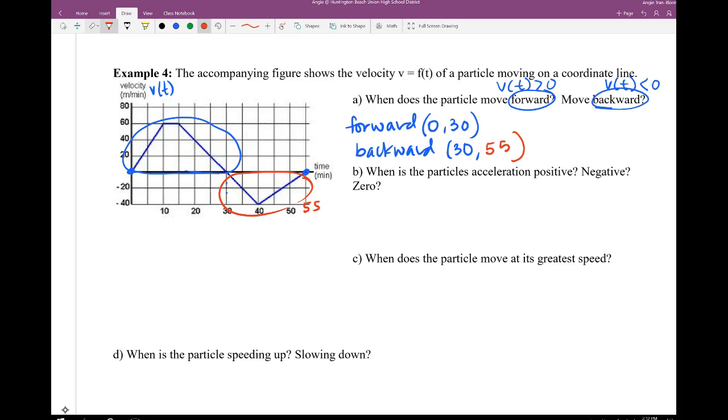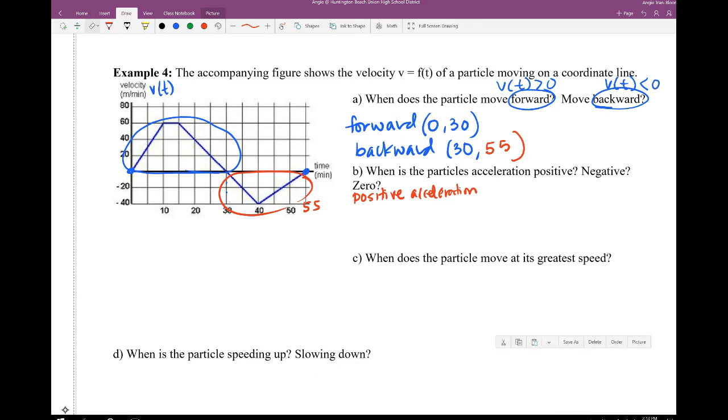Positive acceleration means that V prime is positive, because keep in mind a of t equals V prime.